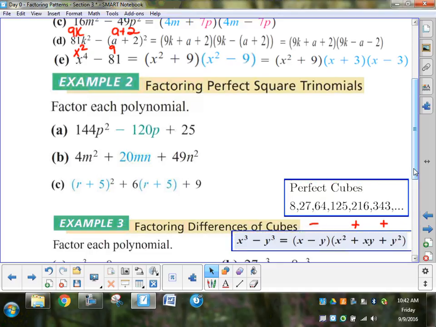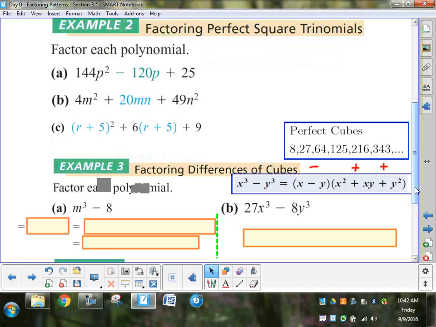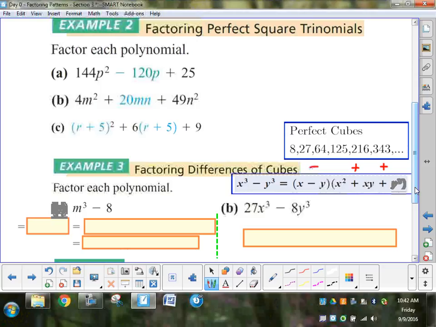Take a look at this first example A. The first thing I need to do is recognize it's a binomial. Is there a GCF? Yes or no? Nothing goes into both of those. How about is that a difference of perfect squares then, since there's only 2 terms? No, because m cubed isn't a perfect square and 8 isn't a perfect square.